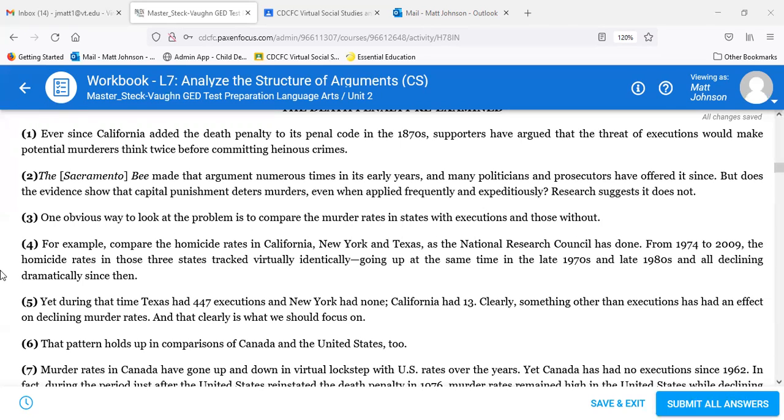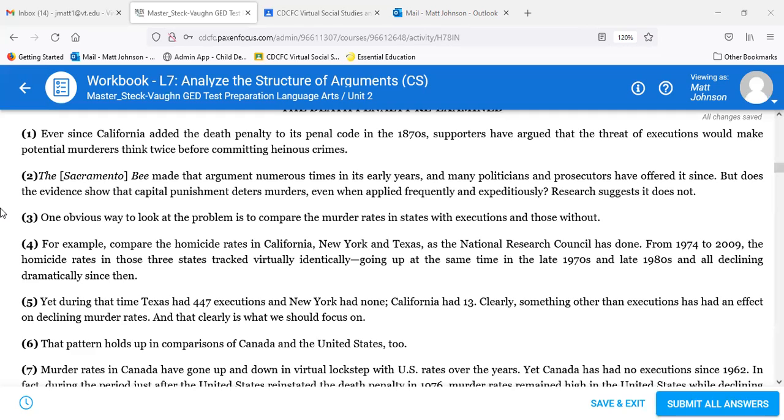The Bee made that argument numerous times in its early years, and many politicians and prosecutors have offered it since. But does the evidence show that capital punishment deters murders, even when applied frequently and expeditiously? Research suggests it does not.